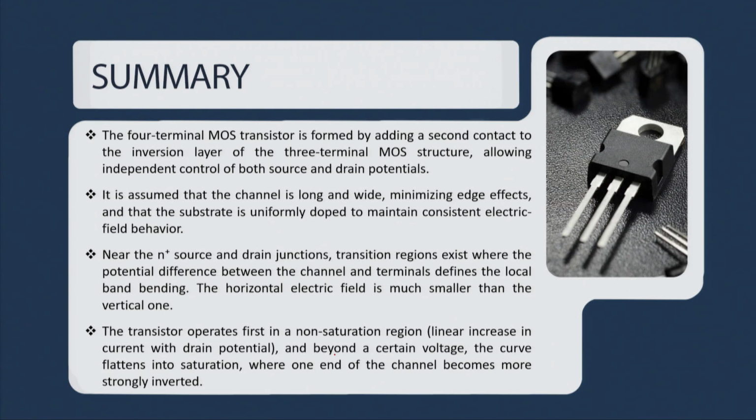Let me summarize. We have discussed the 4-terminal MOS transistor, which is formed by adding a second contact to the 3-terminal structure. We have also seen how charge flows in the MOS transistor. We assumed that the channel length and channel width are large enough that we can neglect the edge effects. We have also seen that near the N plus source and drain junction there is a transition between the channel and the source or drain.